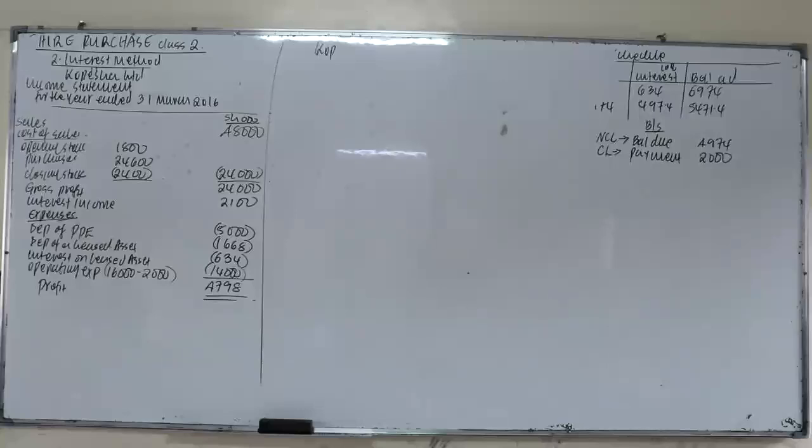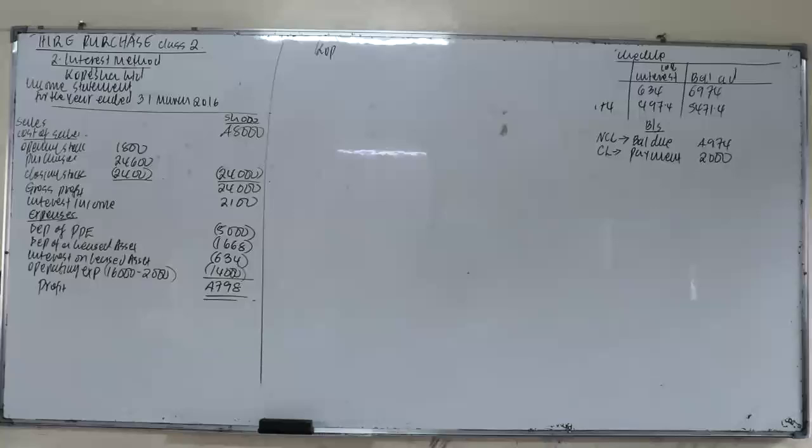Listen here, it seems you are not connecting. The question is very simple. How many units? It's 1,200. And we have just said, how much was the hire purchase price? It was how much? 46. That's why I'm saying that. Therefore, we sold 1,200 units, each at 46.